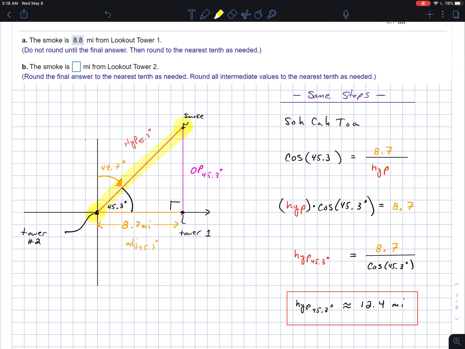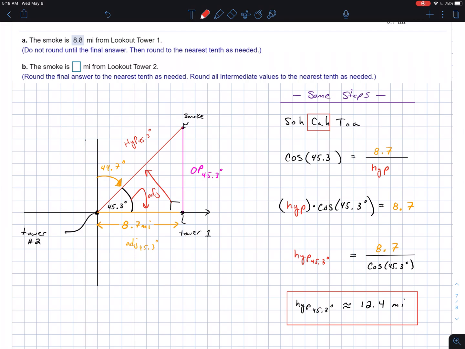Well, which is that? Well, it's the cosine, right? Because the cosine deals with the adjacent and the hypotenuse.